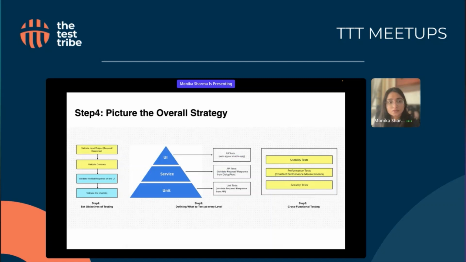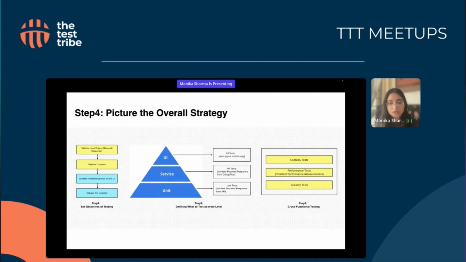Now step 4 is to picture the overall strategy. First we identified the step of setting objectives of testing. In between, we defined what to test at every level. And step 3 is cross-functional testing. In this kind of ecosystem, we have opted for the test pyramid.